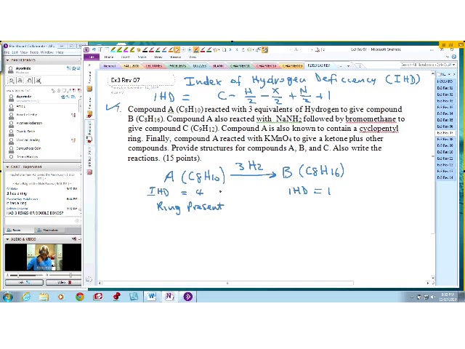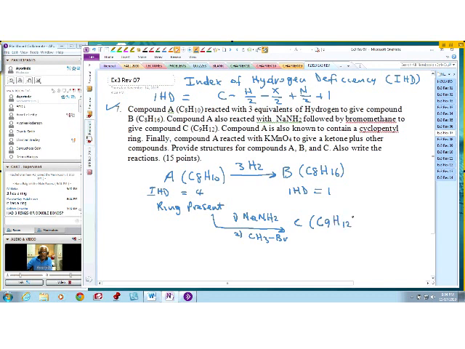Very good. Now, it then says compound A also reacts with sodium amide followed by bromomethane to give compound C, which has the formula C9H12.